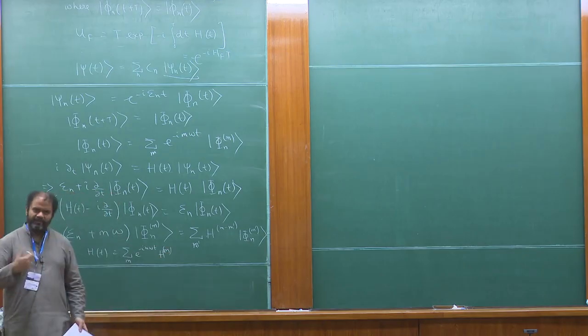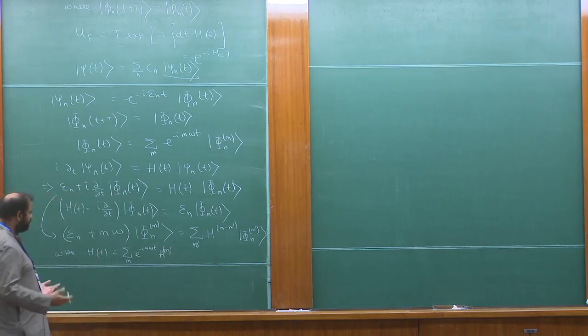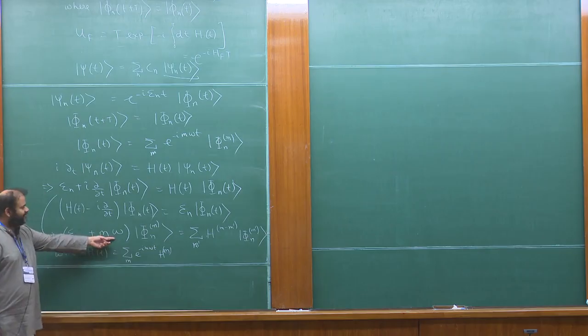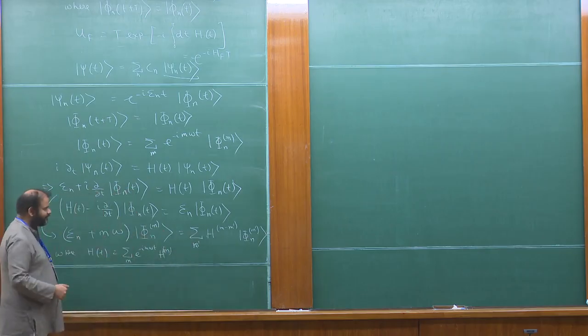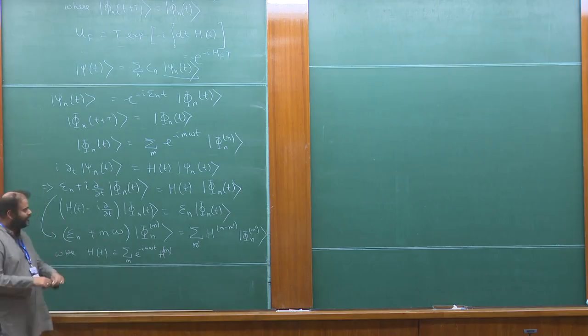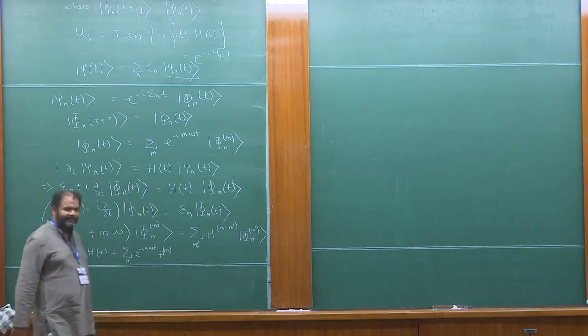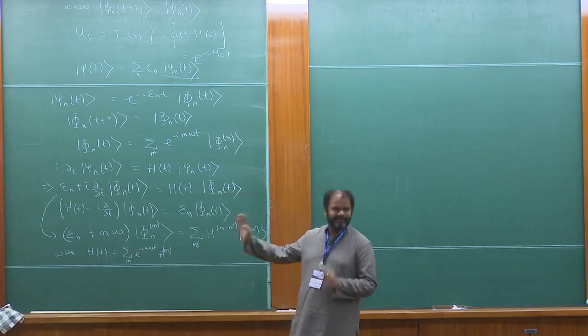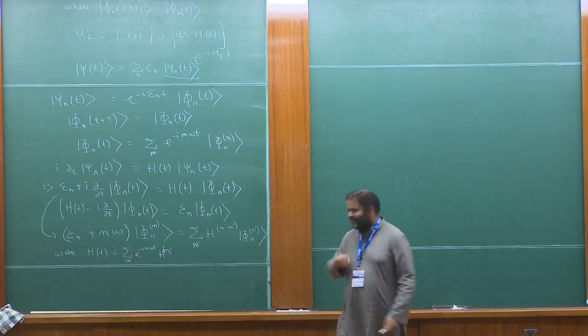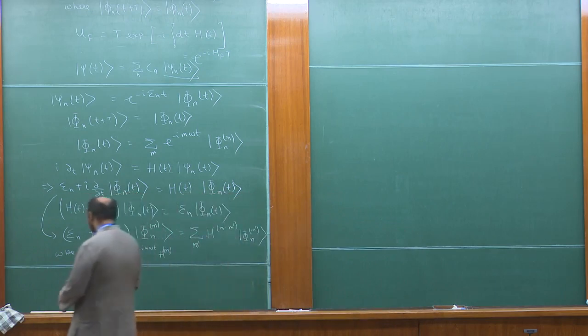So I take the Fourier transform of h, and then things are easy. I just make sure that I get the same thing on both sides. Now once I have done this, I have an equation where all the time dependence is gone. This is a completely static equation, so this is a nice eigenvalue equation which I can write down.